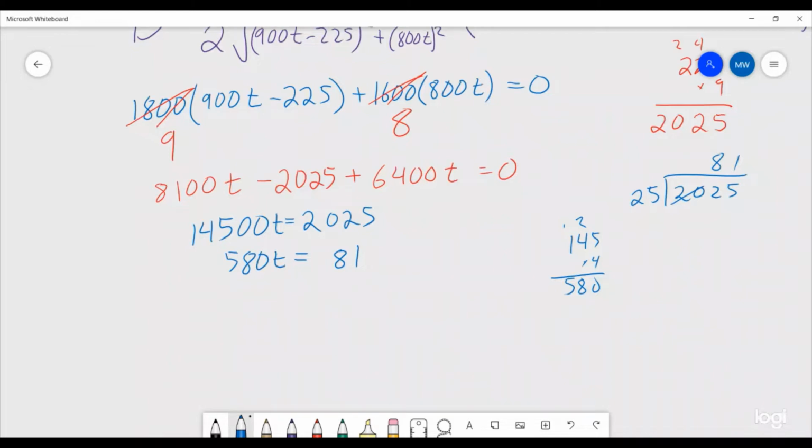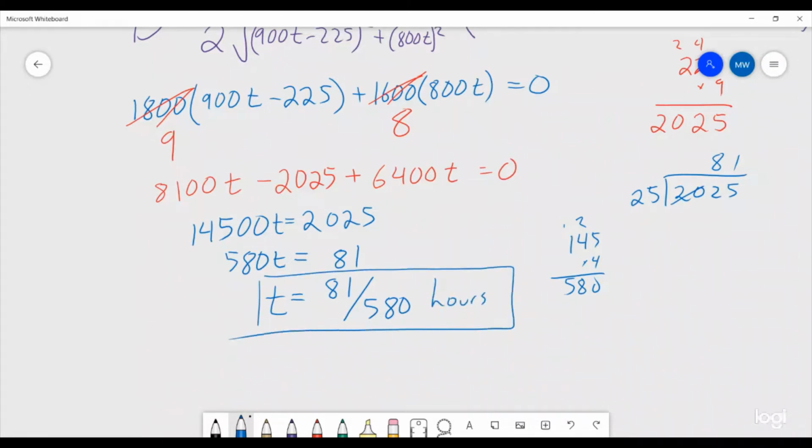And 580 is not divisible by 3, so the best answer we got is t is equal to 81 over 580 hours. And so that is the exact time that the two planes are closest together.